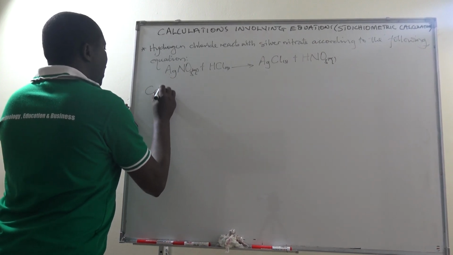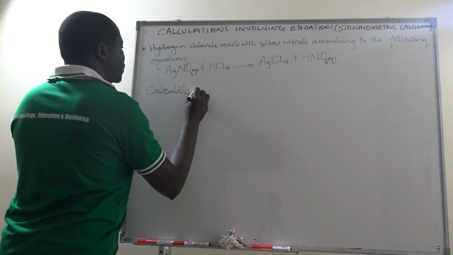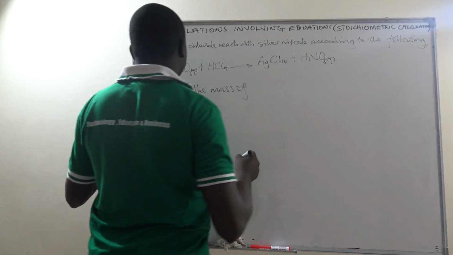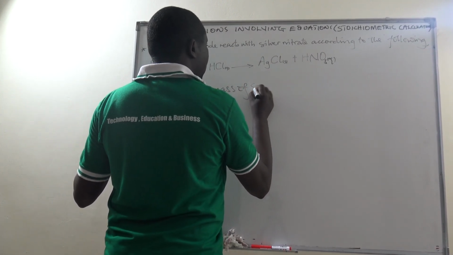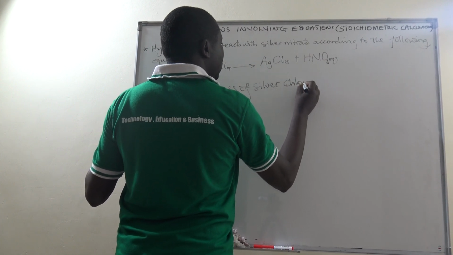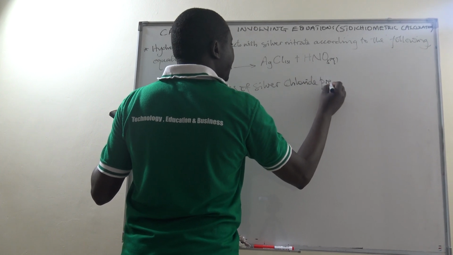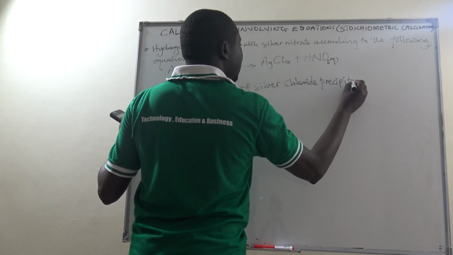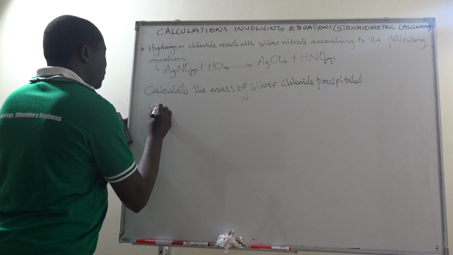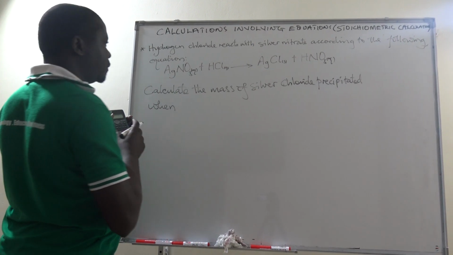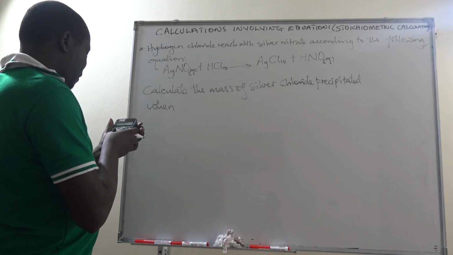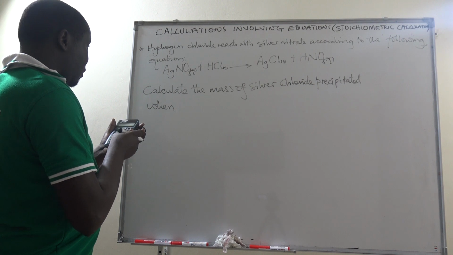Now, calculate the mass of silver chloride precipitated, the mass of silver chloride precipitated when, let's see, I want to get a good mass of silver nitrate that we are going to use.